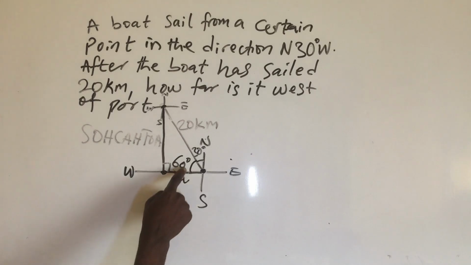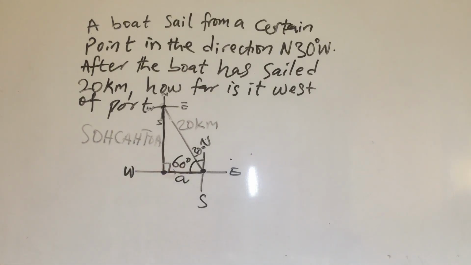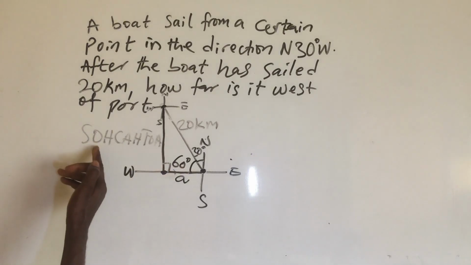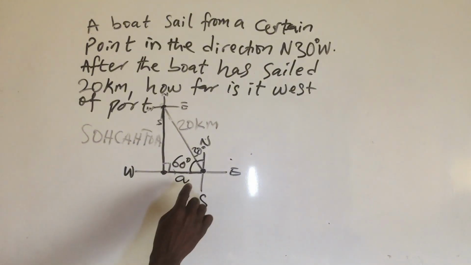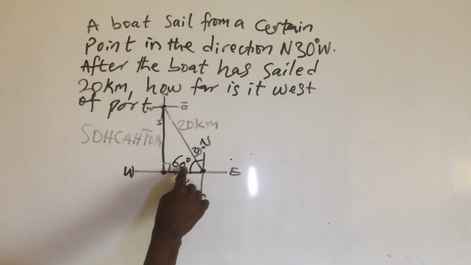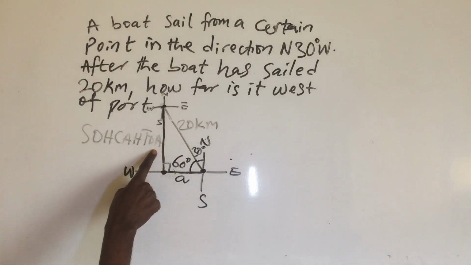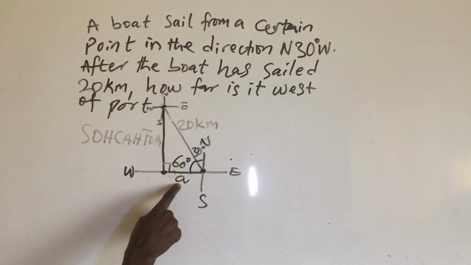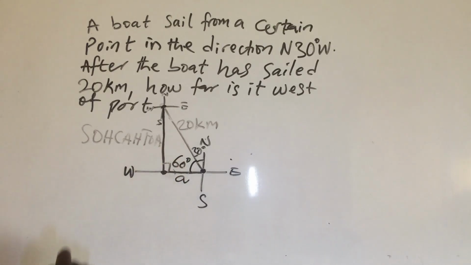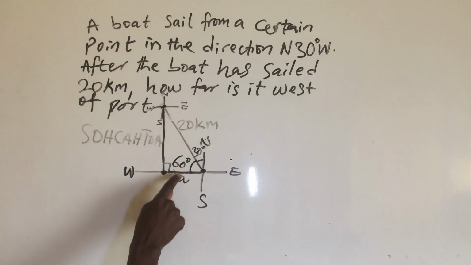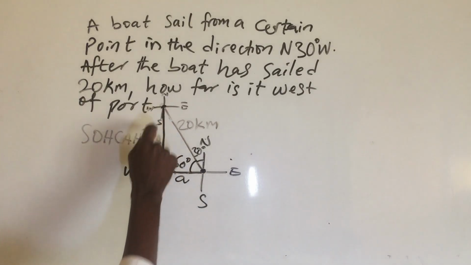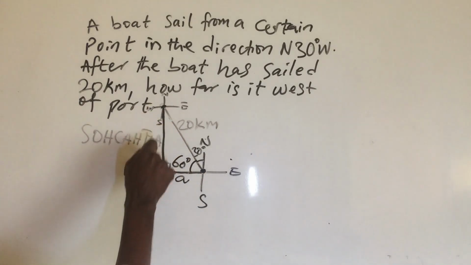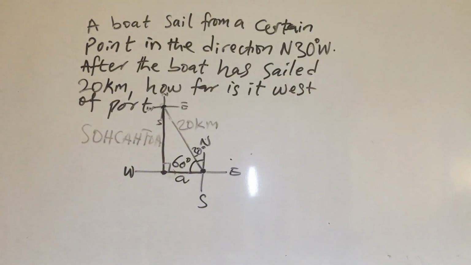Now, since we have the angle here, what is the right SOHCAHTOA we can use? If we are considering this angle here, here is opposite, here is hypotenuse, and here is adjacent. Here is adjacent to the angle, here is the hypotenuse of the right-angled triangle, and here is opposite to the angle, all right?